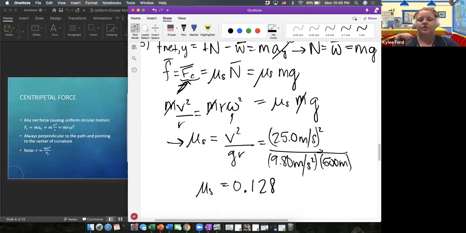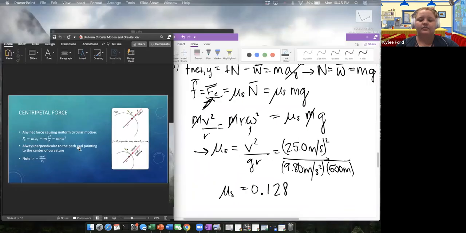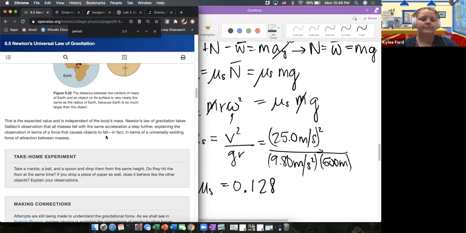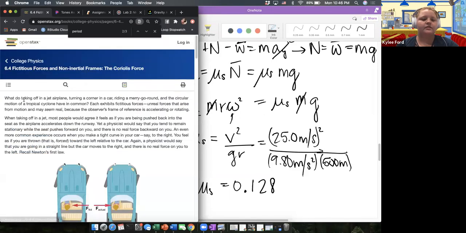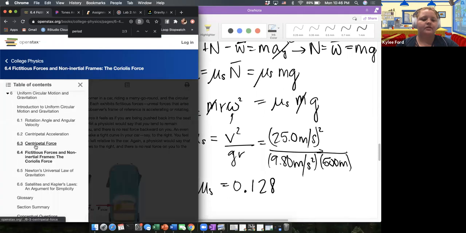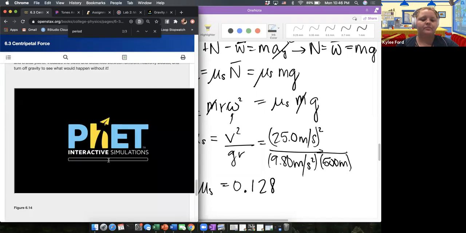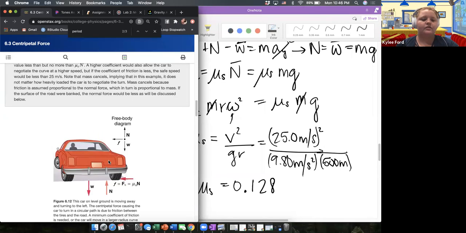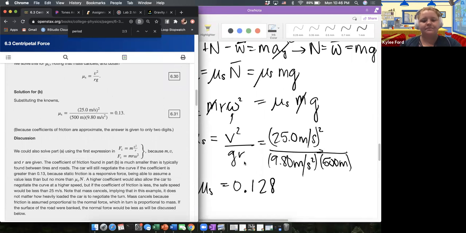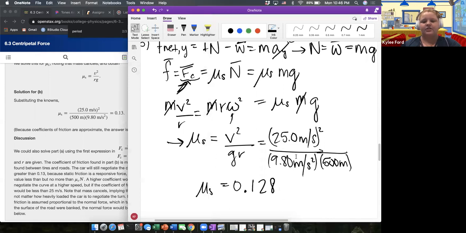So let me go ahead and check with the book and make sure that that is correct. Let's see if I can pull it up here. I think it was 6.3. Yep, perfect. So we've got it here. I just wanted to double check.